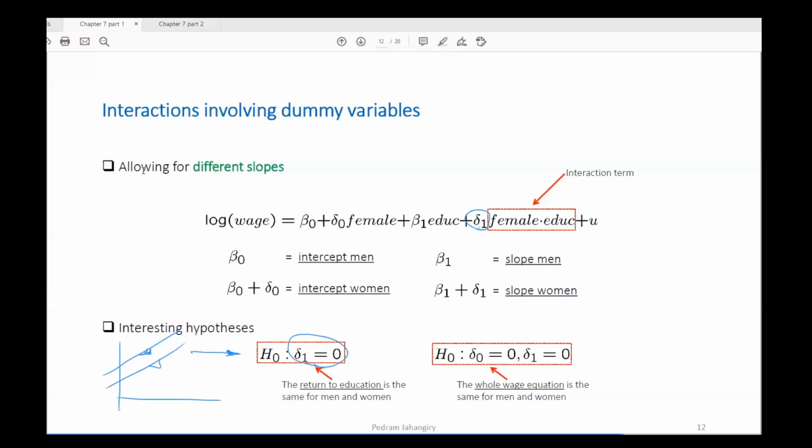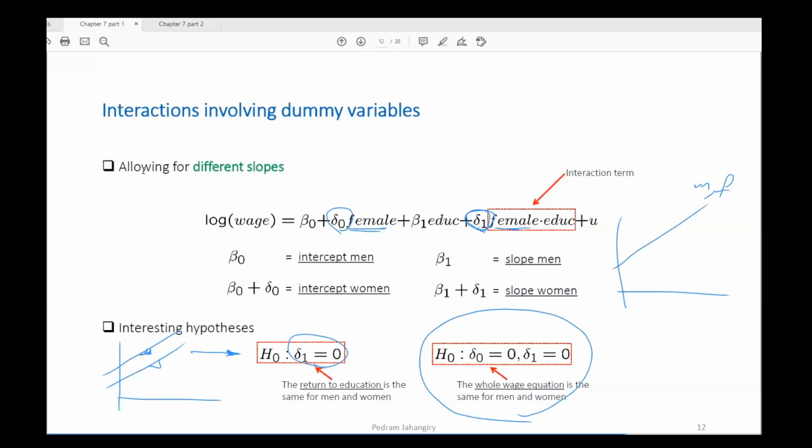Or you can ask another interesting question. You want to say if gender matters at all or not. Because look at the dummy rows: I have female with delta 0, and I have female here with delta 1. If I want to test if delta 0 and delta 1 collectively are equal to 0, I'm testing if there is no change in intercept and no change in slope between male and female.